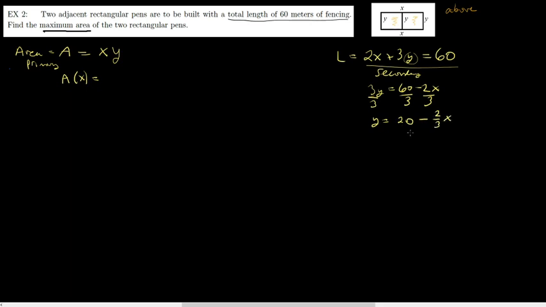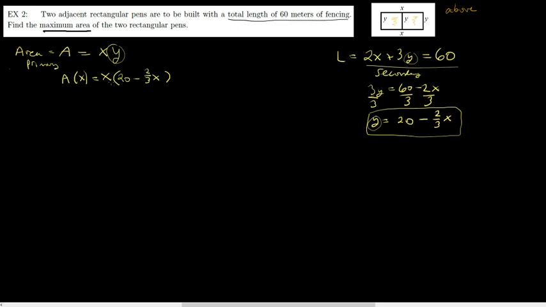Okay, so now we have y in terms of x, right? But this y here is the same as this y here. So instead of x times y, it's now x times this quantity, 20 minus 2/3 x. Right? So this is now strictly a function of x.